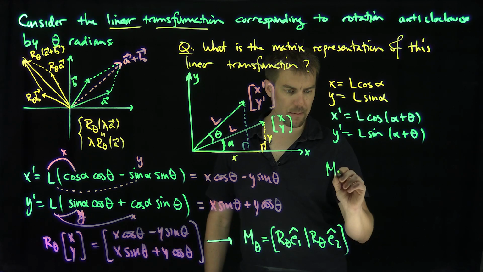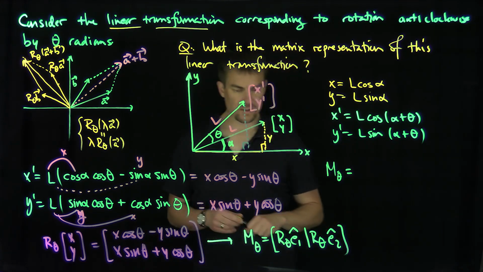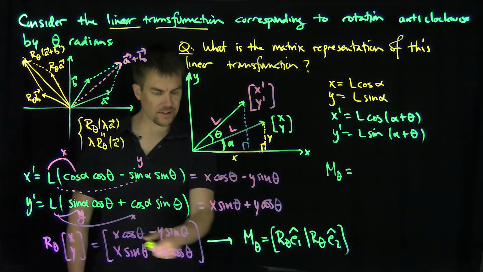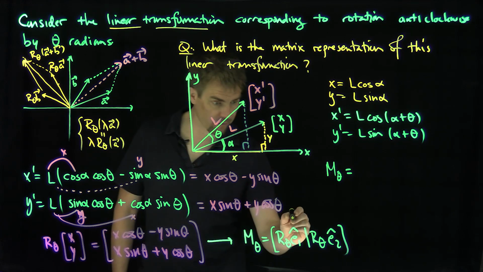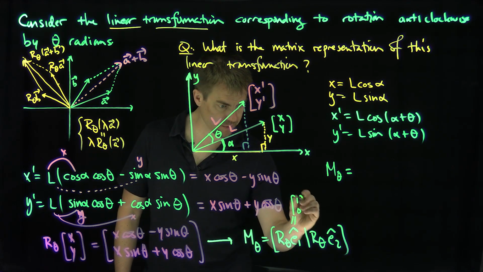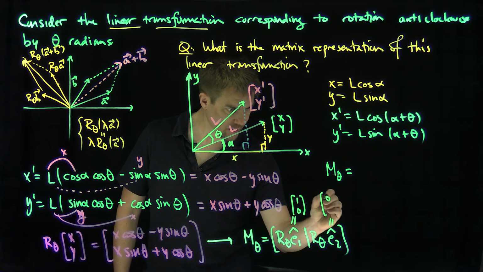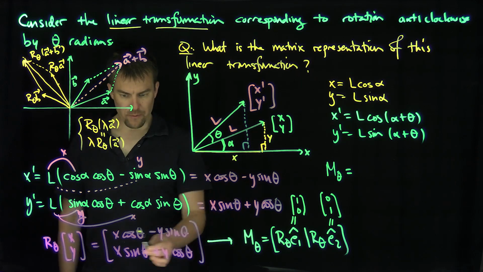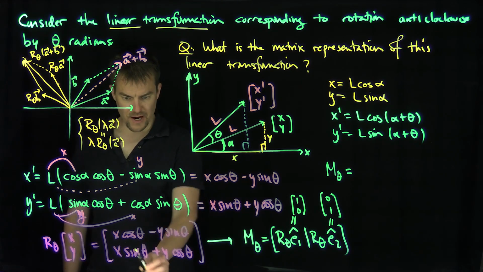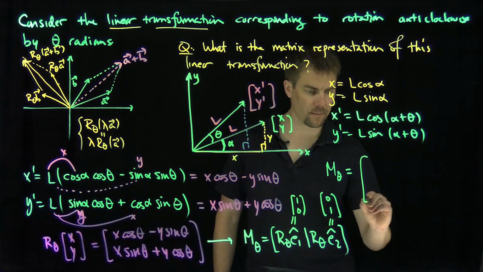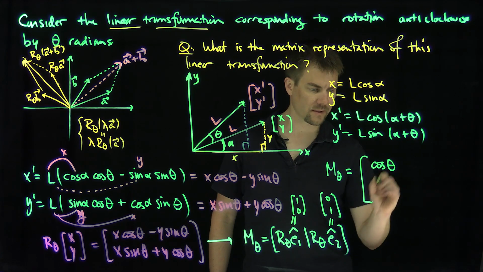So what's our rotation matrix M theta going to be? R of e1: I plug in x equals 1, y equals 0, because e1 is the vector x equals 1, y equals 0, and e2 is the vector x equals 0, y equals 1. So plugging in x equals 1, y equals 0, I have cosine theta, sine theta in my first column.